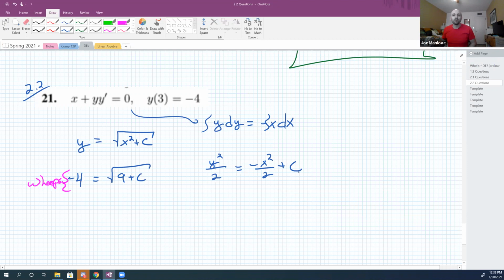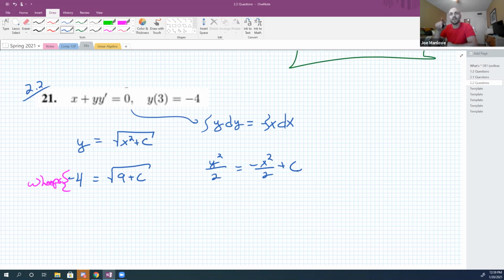At this point, if you are the person introducing the square root, you get to pick whether you're doing the positive square root or the negative square root. That is a personal choice, except when it's not. And the time when it's not is when you're given initial values. It is possible that you don't get to pick.